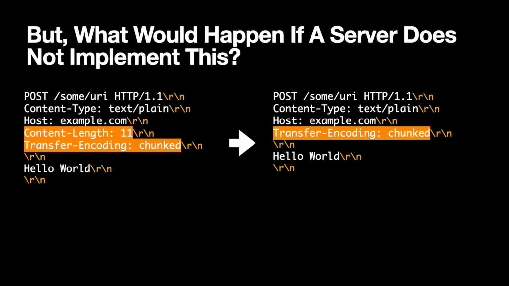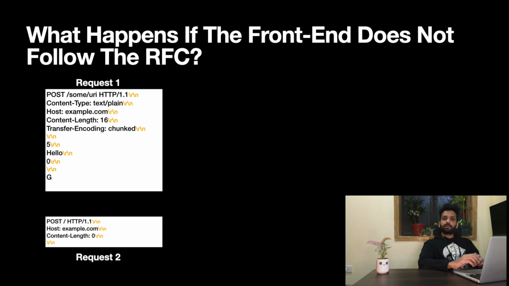But what would happen if a server does not implement this correctly? What would happen if there is a discrepancy between how the front end processes this request against how the backend does it? Let's go ahead and find out what happens in such a scenario. Take a look at these two requests on the screen, request 1 and request 2, originating from two different users. As you can see in request 1, you have both the content length header and the transfer encoding header.